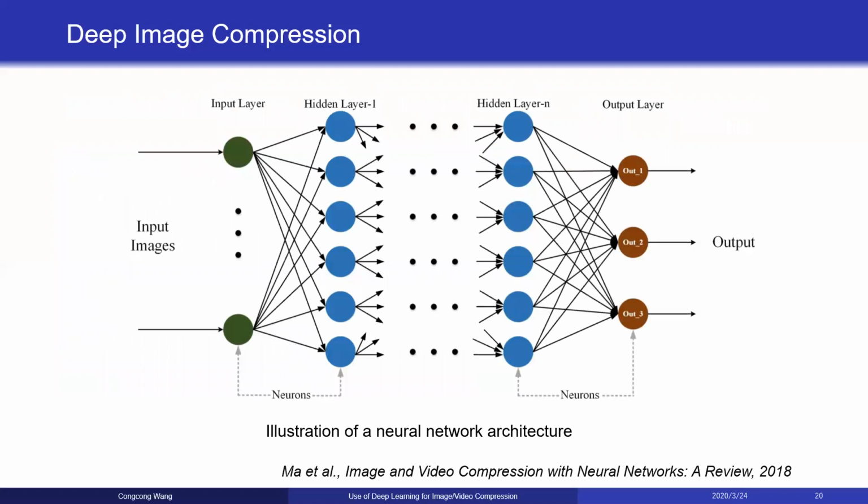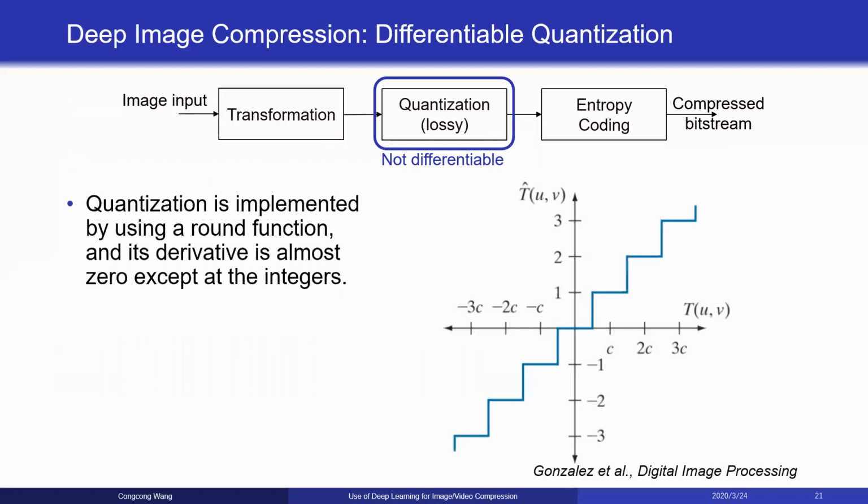Deep learning uses multiple layers to progressively extract higher level features from the input. The parameters of the network can be trained on a massive dataset. It is trained by gradient descent with the backpropagation method, so this requires our network to be differentiable. For a learnable compression system, the first problem comes from the quantization step. It is not differentiable. Its derivative is almost zero, except at the integers.